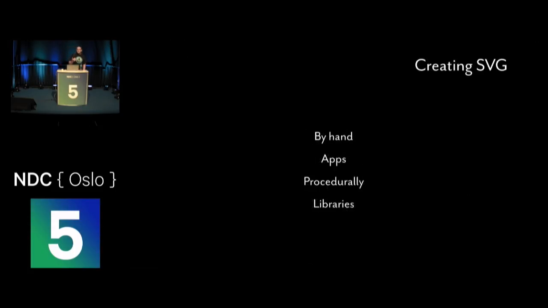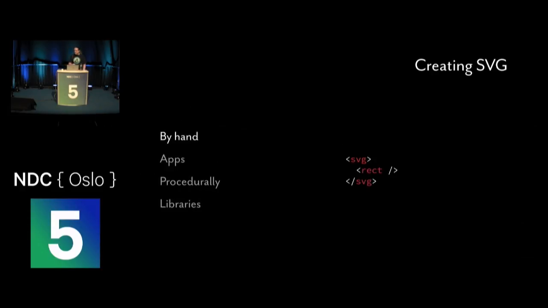So there's a few ways of actually creating SVG, and some of those are a little more efficient than others. To start off with, we have by hand. SVG is an XML-based language, if you will, and it is perfectly possible to write some SVG directly into your HTML file.